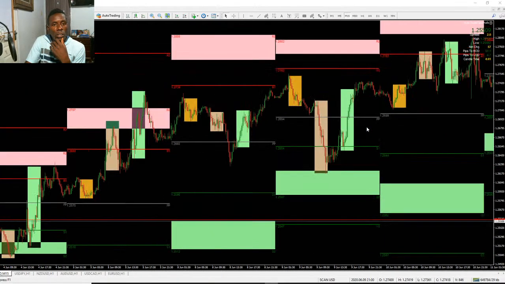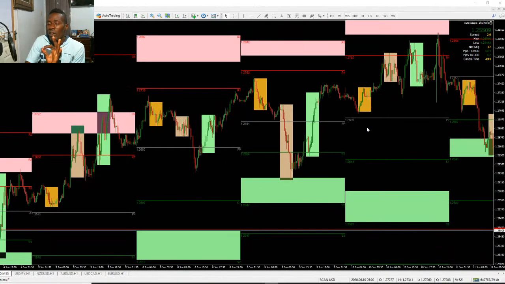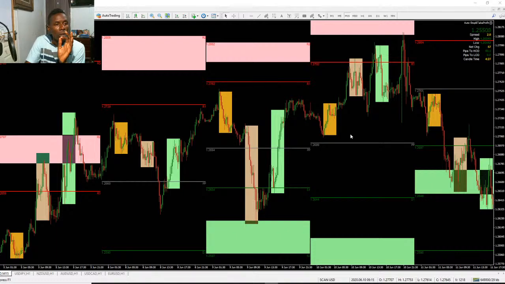So I'm just going through the different variations, because we must understand the different variations. Here is where it was. We have Asia basically sideways.